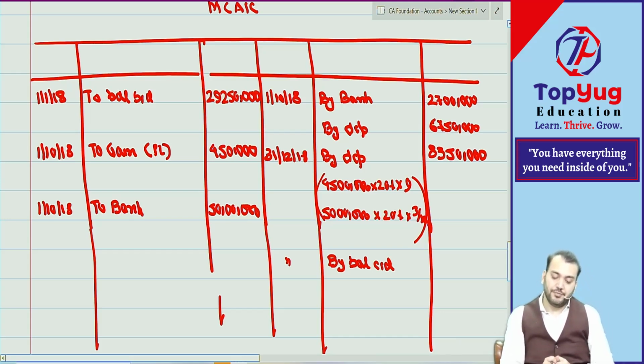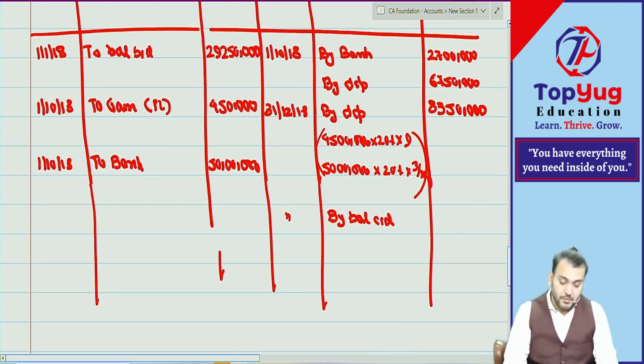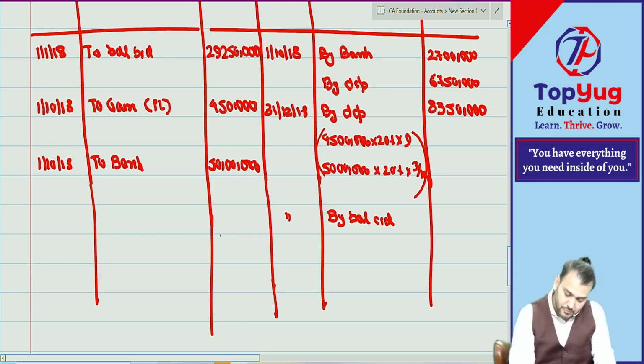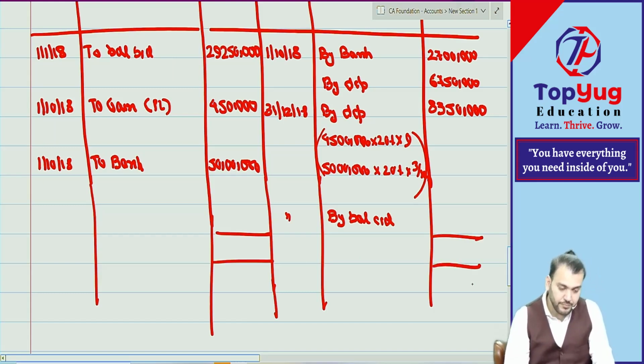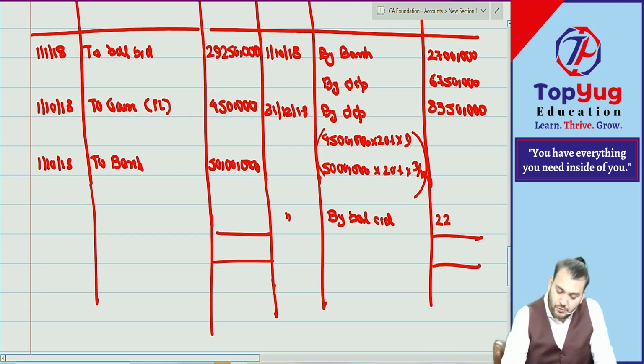How much is the balance? Two crore 29 lakh 75,000. Correct.